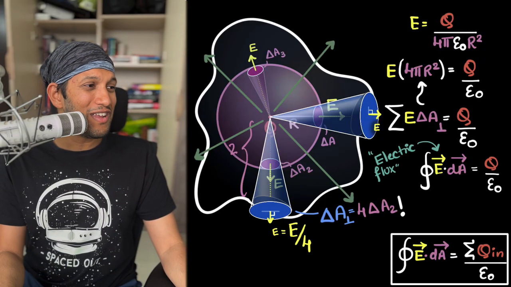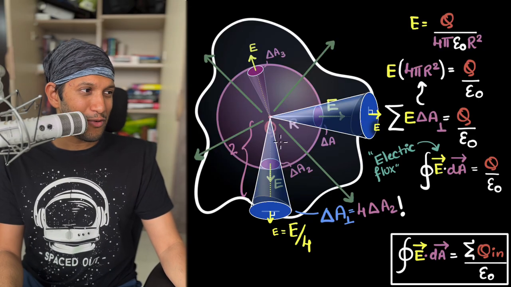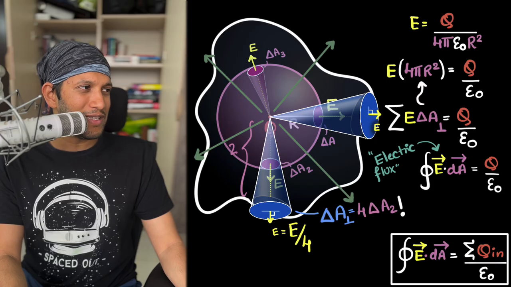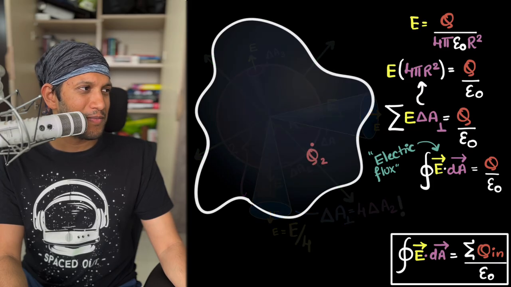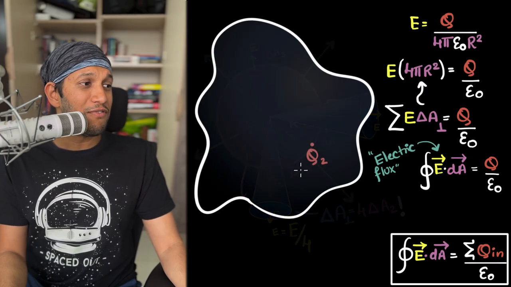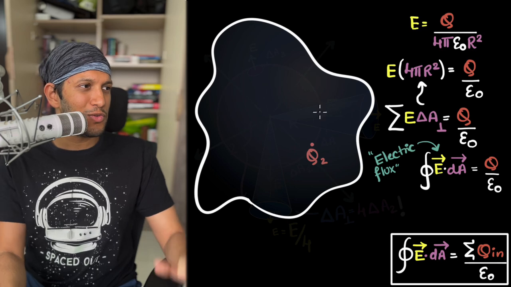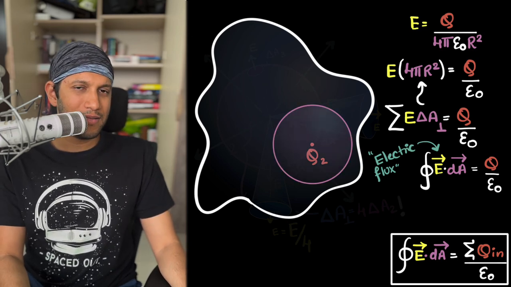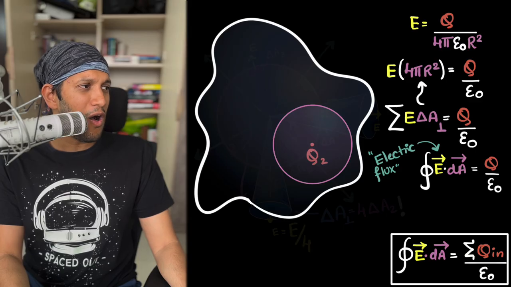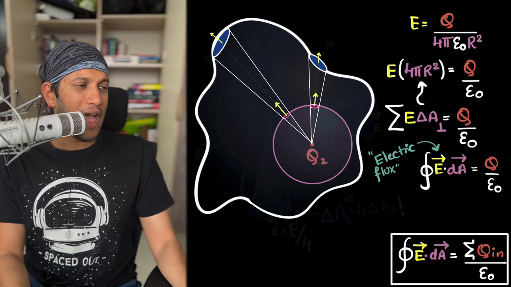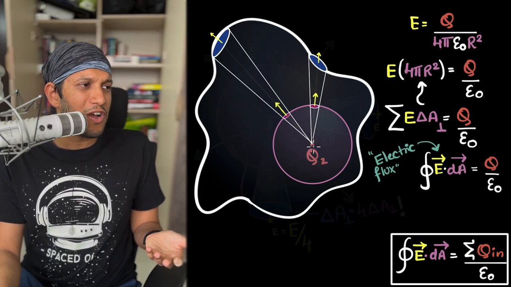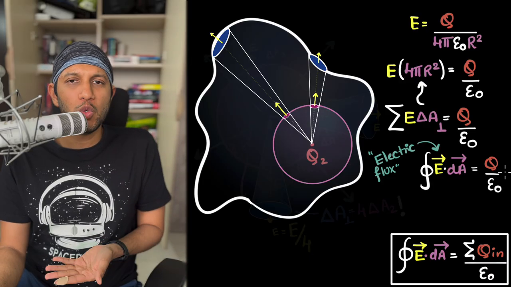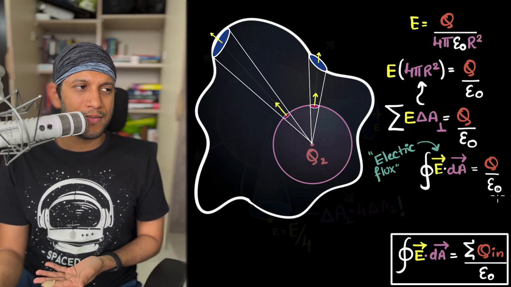Secondly, what if you have another charge over here, Feynman? We have only considered one charge. Well, Feynman says, let's concentrate on just that charge for a while. If I want to know what's the flux due to this charge through this entire surface, we do the same thing as before. We're going to draw a surface, a sphere over here, and then we make all the same arguments that we did, and therefore the flux due to this charge will be Q2 divided by epsilon naught.